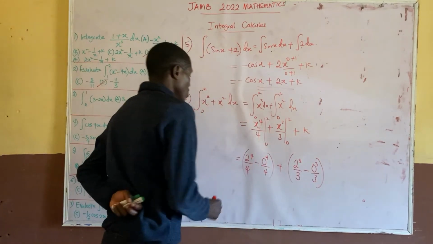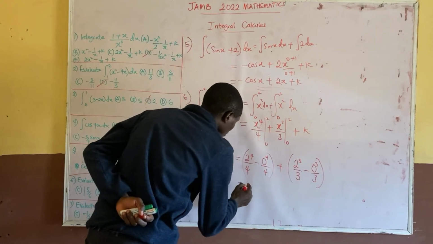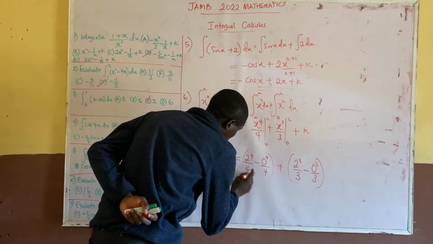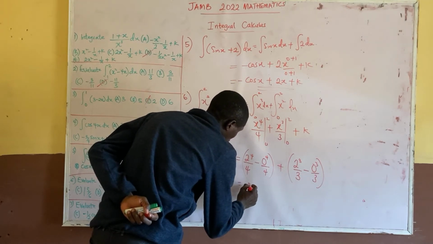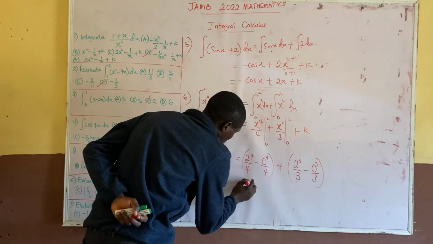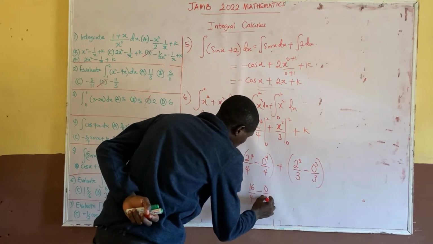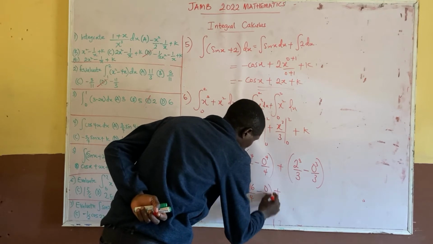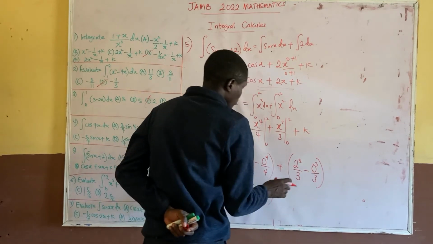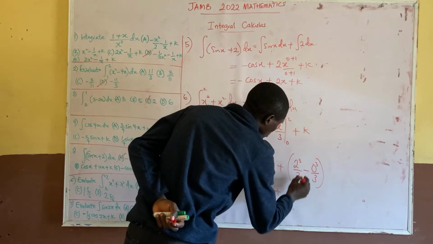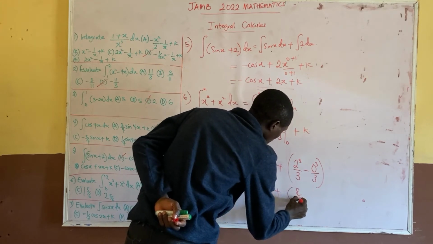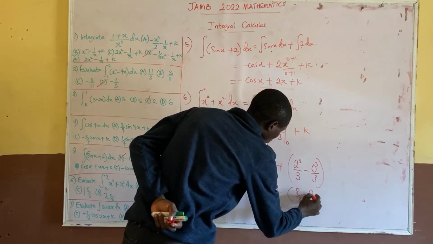So what do we have now? This is 16 over 4 minus 0 all over 4, plus 8 raised to power 3 minus 0 over 3.